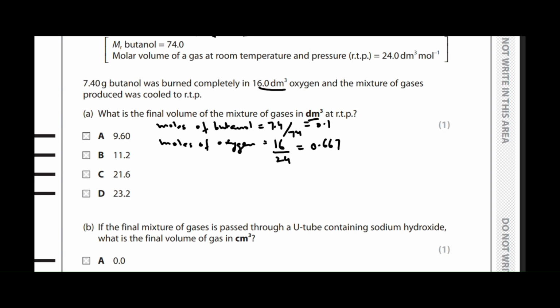Now you have the moles of oxygen as well as the moles of butanol. You know that 1 mole of butanol reacts with 6 moles of oxygen. So you have 0.1 mole of butanol, and it reacts with 0.6 moles of oxygen.